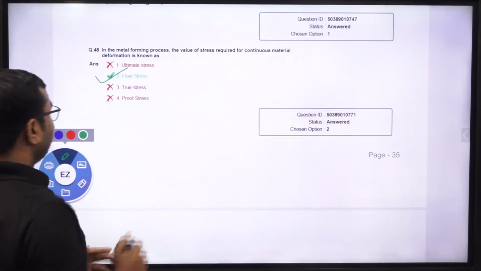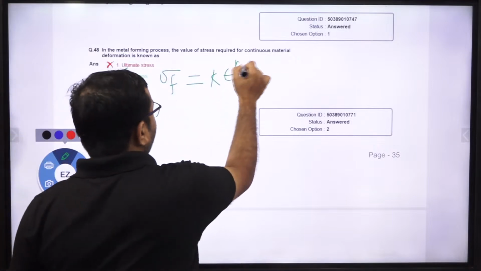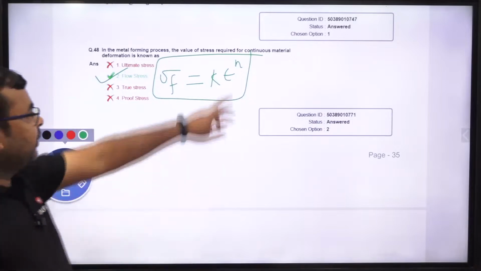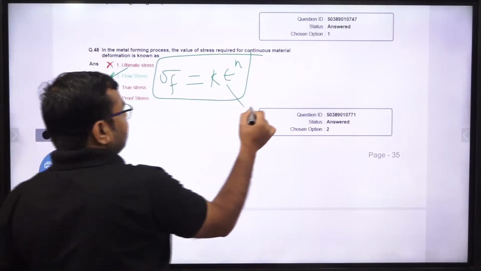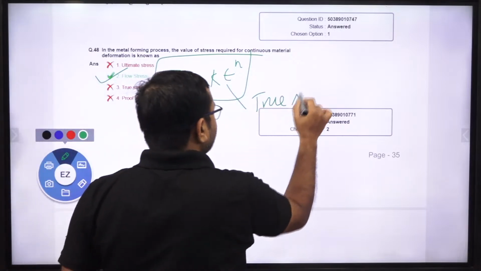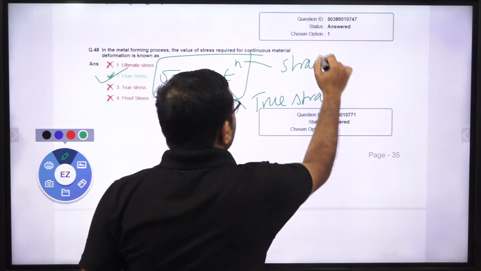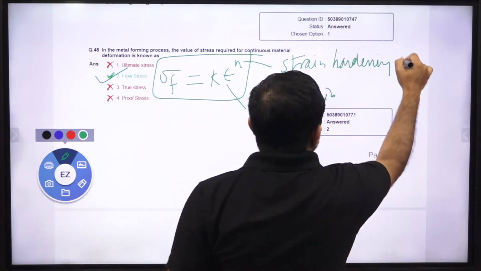Is it clear? And flow stress is represented by a power law. This is K epsilon to the power n, where n is the exponential index. This is also called the strain hardening index, and epsilon is the true strain. Yes or no?